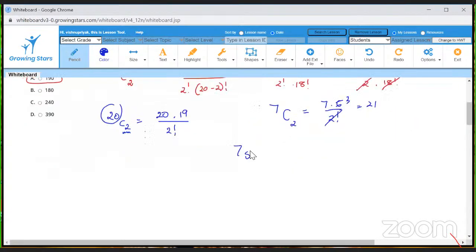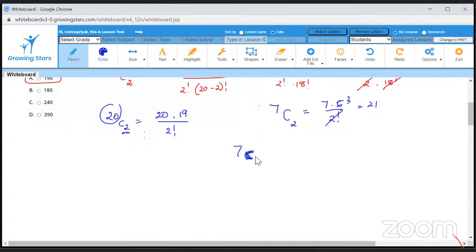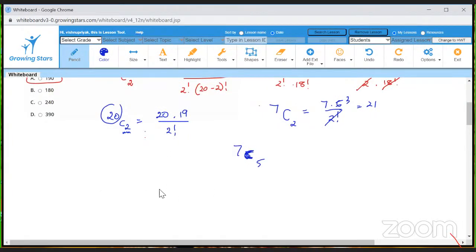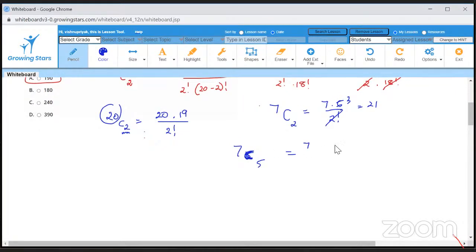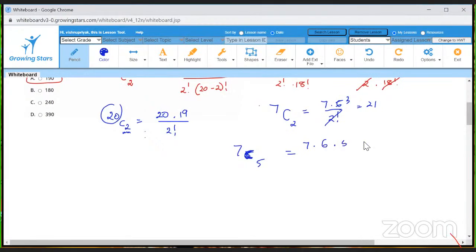Suppose if I have 7C5, this 5 is a very big number. That means I have to start with 7, take 5 numbers, 7, 6, 5, 4, 3, and divide by 5 factorial. This is nothing like a shortcut. It is a long one only.